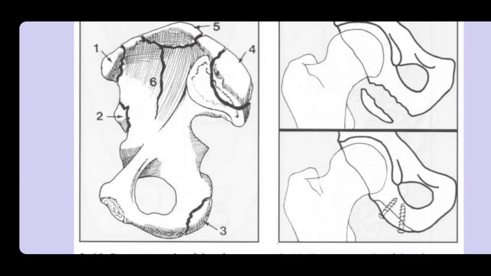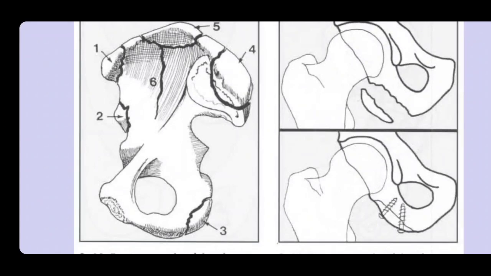A1 type fractures are stable fractures which do not involve the pelvic ring, so-called avulsion fractures. This can occur due to sudden contraction of muscle, especially in well-trained persons or athletes, and some parts of bones where these muscles are attached can be avulsed.